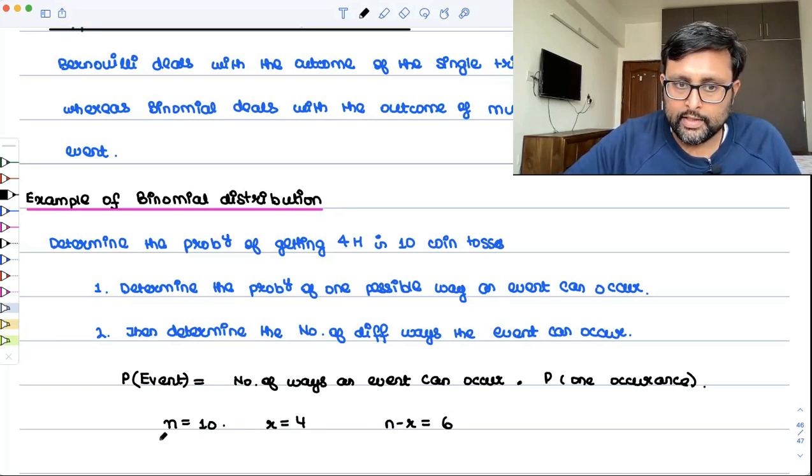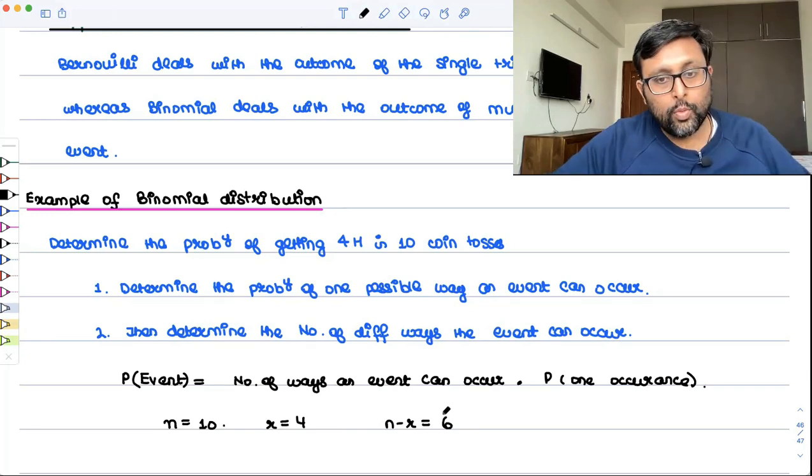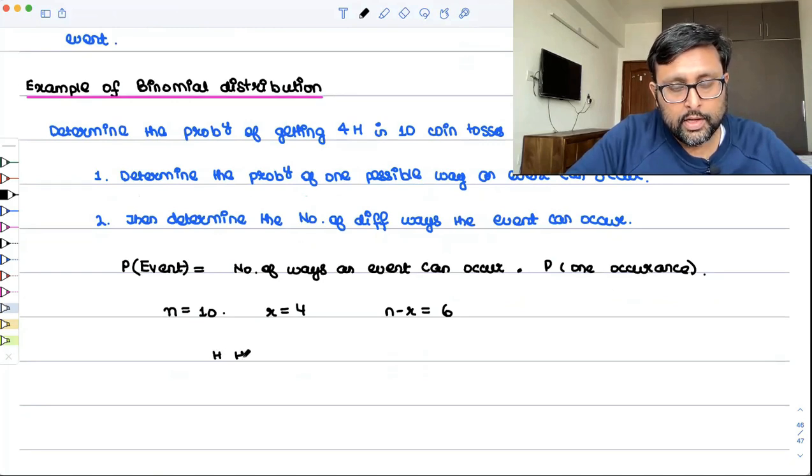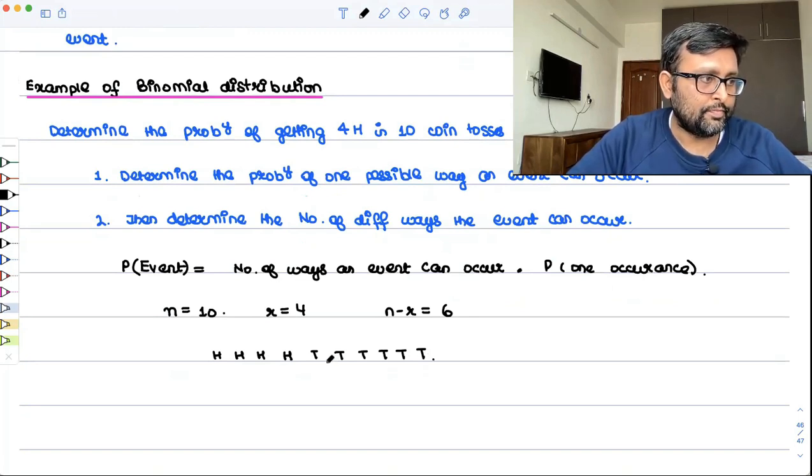So in the 10 tosses of a coin, 4 times head should come up, 6 times tail should come up. So one of the ways in which this can occur is, let's say, you get head on first, second, third, fourth, and then tail, tail, tail, tail, tail, and tail.